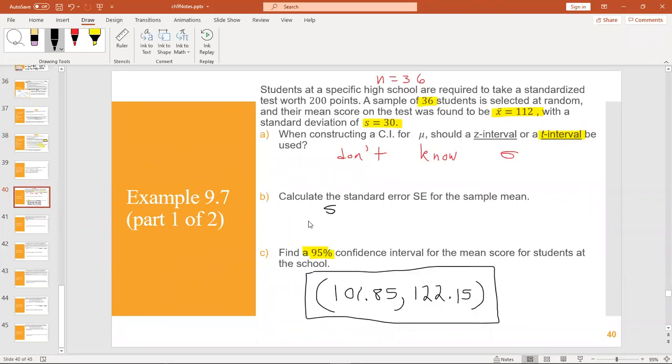So this is S over the square root of N. So S is 30, and then you divide that by the square root of N, so you divide that by 36. The square root of 36 is 6, 30 over 6. That happens to give you 5. So that's the standard error.